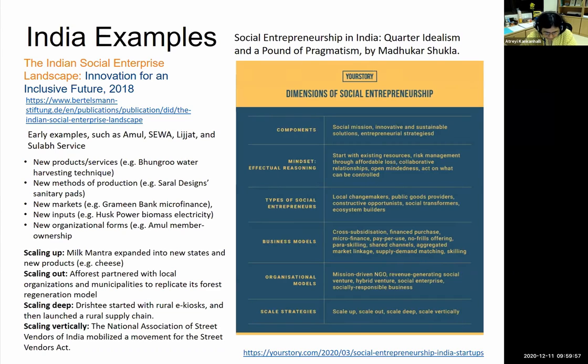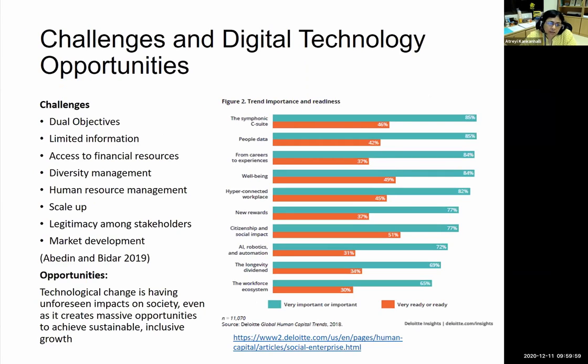Moving on, I'd like to talk about the challenges. We clearly understand the motivation for these enterprises, yet they face significant challenges. On one side, they face dual objectives. They're trying to do social good, and yet they have to sustain their businesses. They have to pay their employees and run their businesses.